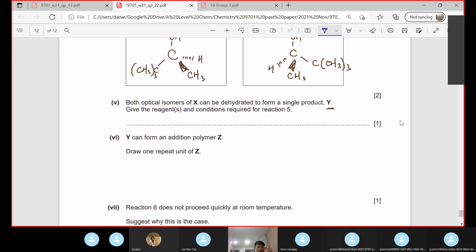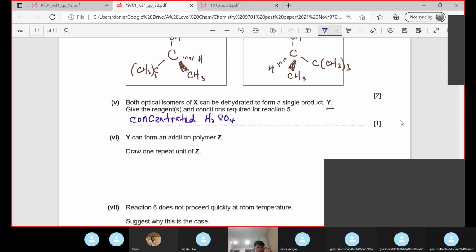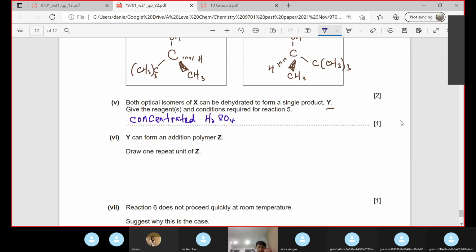The reagent is concentrated H2SO4, correct. Heat at 180 degrees Celsius. Usually for this one we can just write heat, no problem.